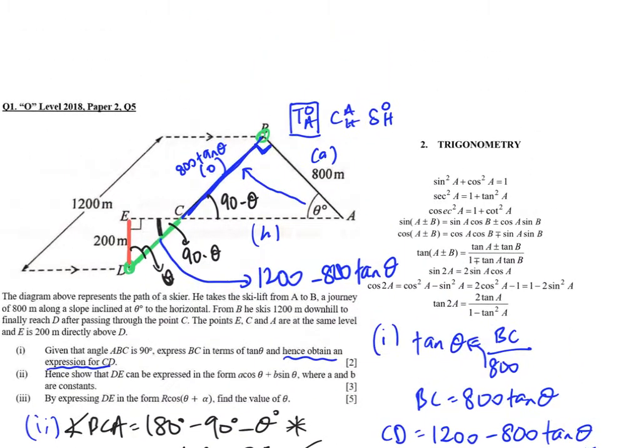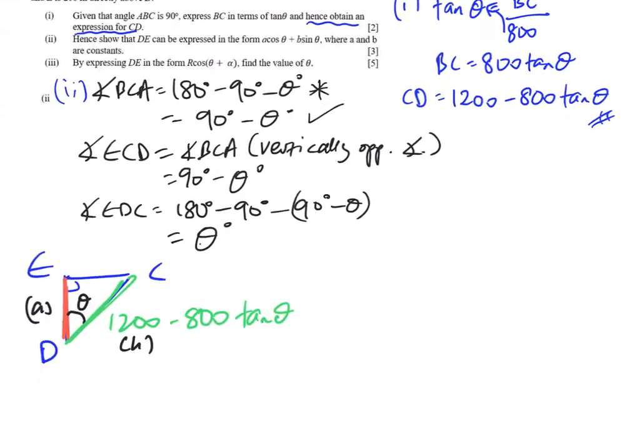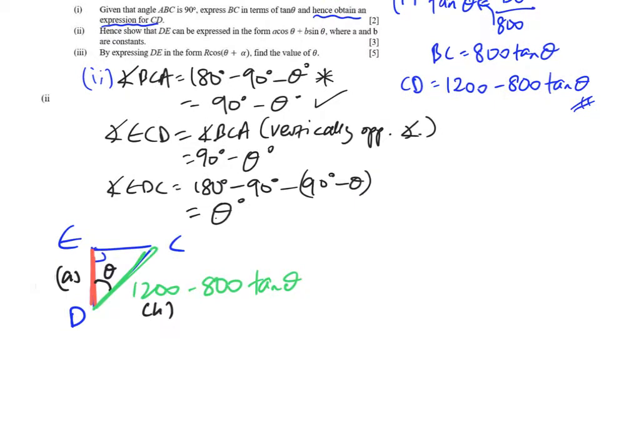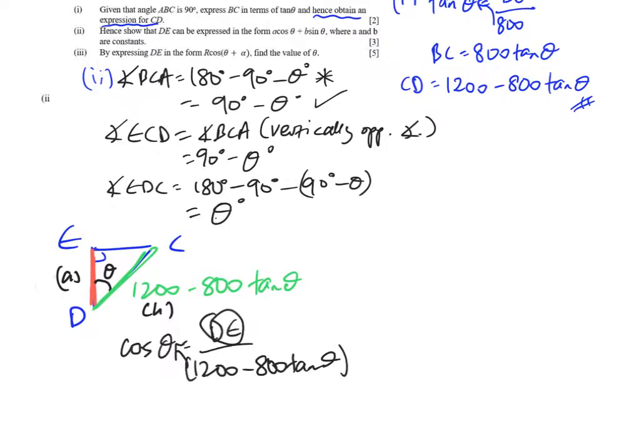So going back to SOH CAH TOA, this time around we focus on the second trigonometric ratio, which is CAH. So cosine theta is equal to the adjacent length, which is DE, over the hypotenuse length, 1200 minus 800 tan theta.